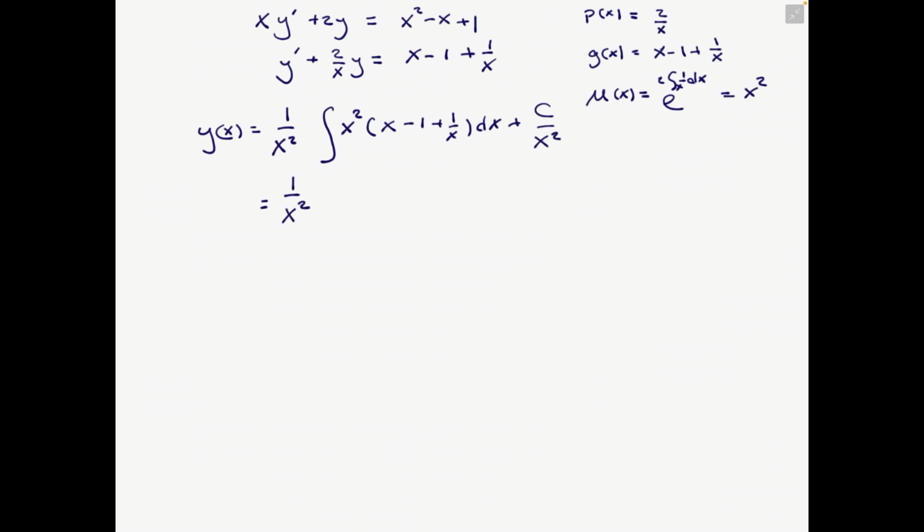And this 1 on x squared times the integral of x to the third minus x squared plus x dx plus c on x squared. So now this is just a simple integration.